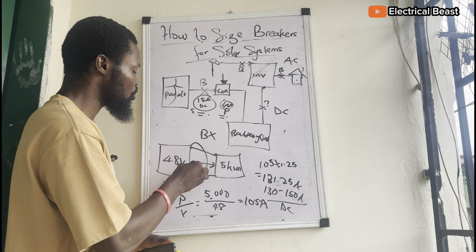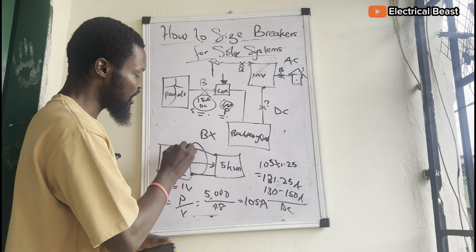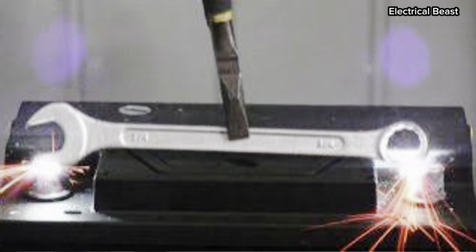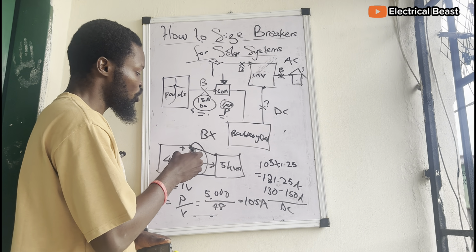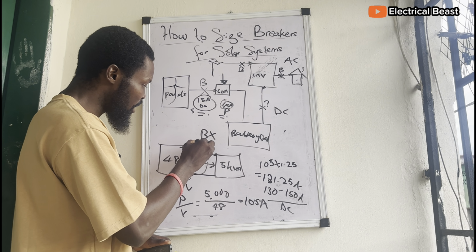If mistakenly the positive and negative come in contact with each other, what happens? There's a very large amount of current, the short circuit current, that goes into the inverter and it will destroy the inverter. So you need to be able to protect the inverter by adding a breaker in between.